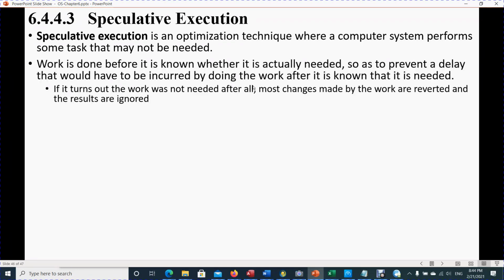It does the work before it knows whether the results are going to be needed in order to prevent a later delay that would be incurred if the work turns out to be needed. If it turns out it wasn't needed, it just undoes any changes made by the speculative process and goes on.